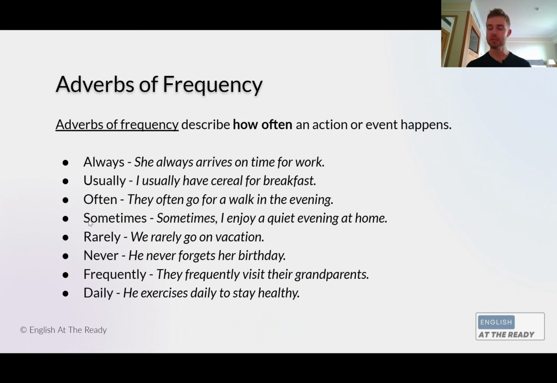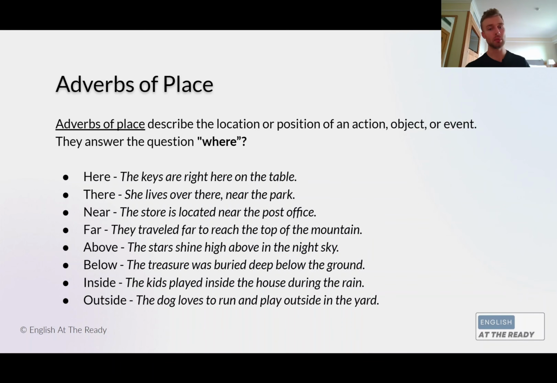Okay, let's move on to adverbs of place. So an adverb of place describes a location or position of an action, object, or event. And it answers the question, where? For example, the keys are right here on the table.